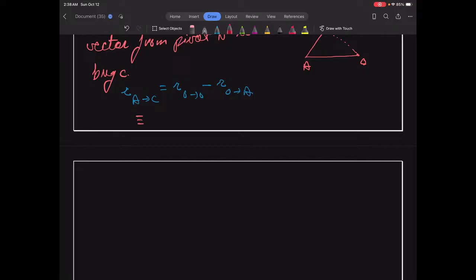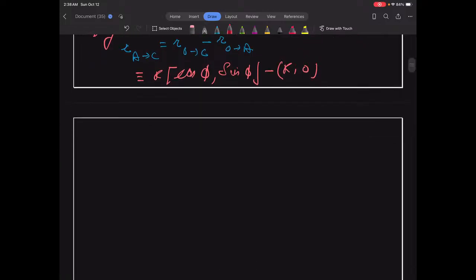So we get R_AC equal to (R cos phi, R sin phi) minus (R, 0). We can take R as common, so R_AC will be equal to R times (cos phi minus 1, sin phi).